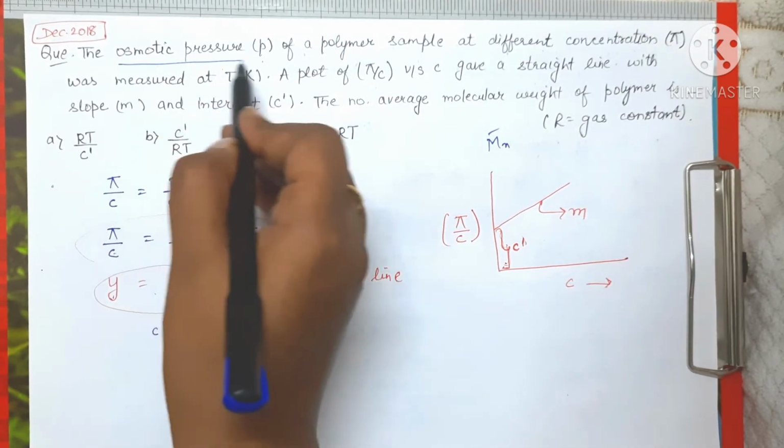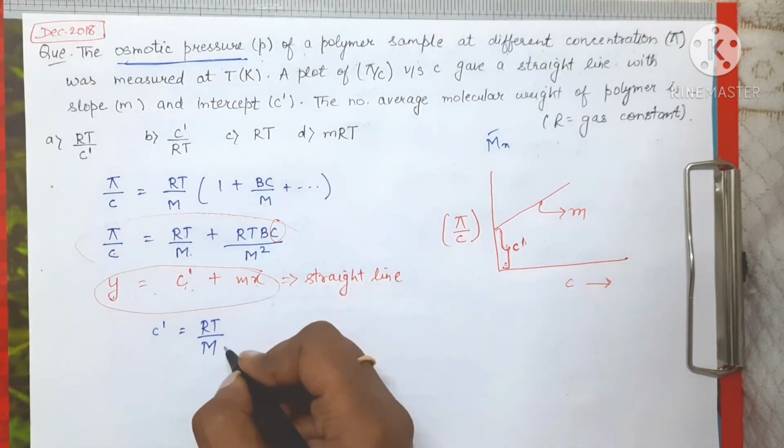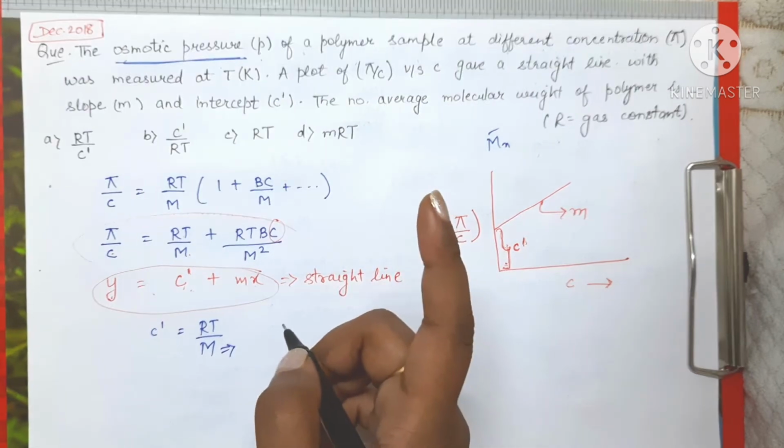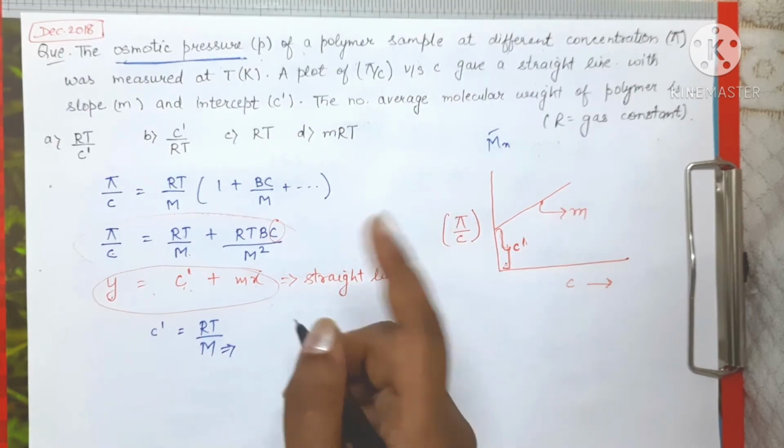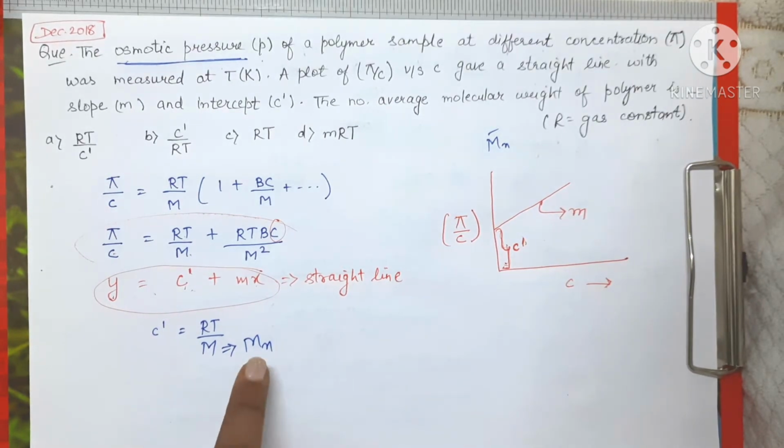And here they are talking about osmotic pressure. That means they are talking about osmometry. In case of osmometry, the mean molecular mass which we calculate is the number average molecular mass, that we know. So here we are talking about Mn.